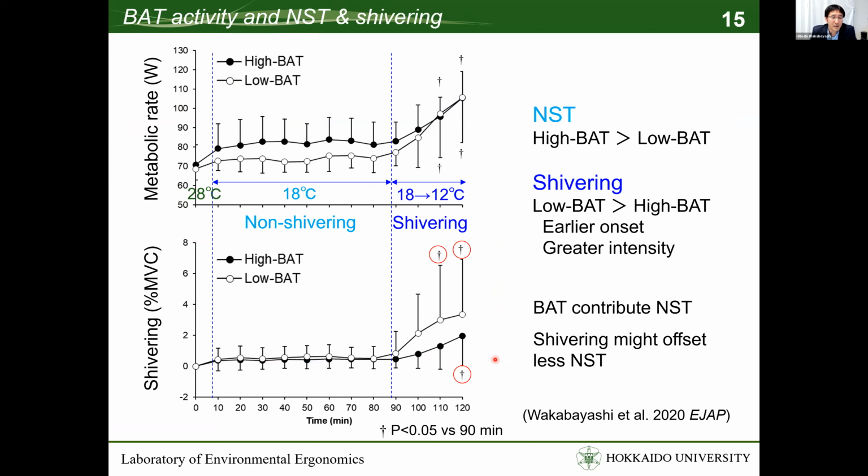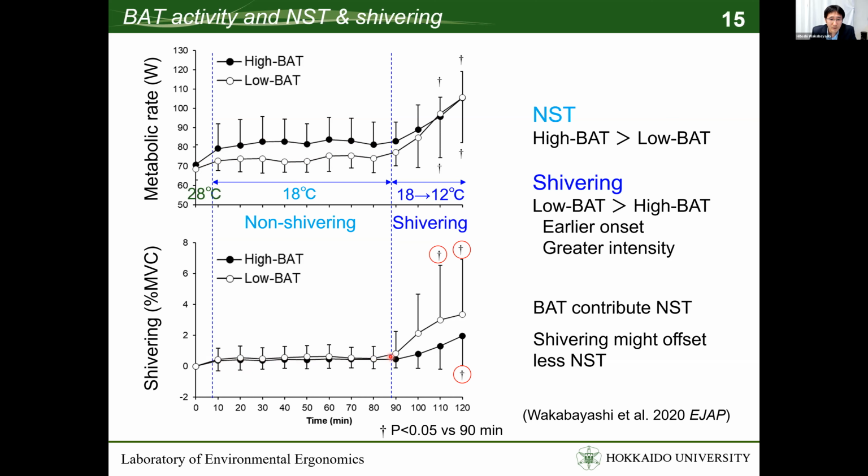This is the result of time course change in metabolic rate and the shivering intensity during the gradual cold exposure test. During the mild cold exposure at 18 degrees Celsius, high BAT group showed the high metabolic rate compared to the low BAT group. And both groups don't show the significant shivering during the phase.